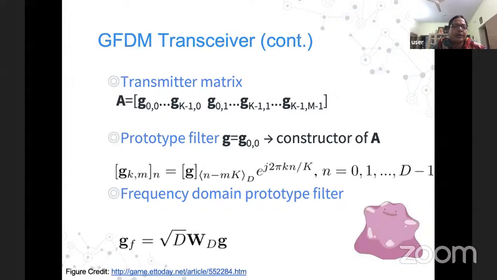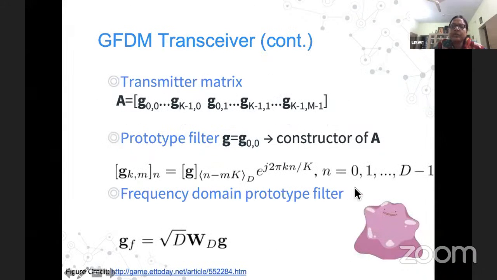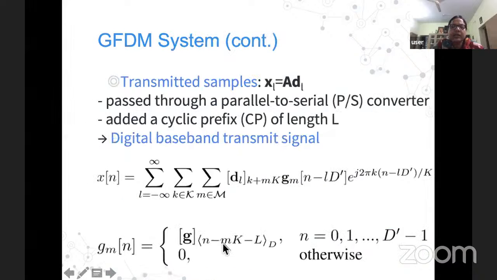So this modular operation, G of n minus mk, is a modulo operation, and your n is moving from 0 to D minus 1. So a frequency domain prototype filter is used. Then we arrange them in a matrix format, that is root D times W times W_D into G. This gives the transmitted signal. Maybe it's not clear in this mathematics, but I can explain it through other slides where you can easily understand through diagrams, because a lot of mathematics is involved in GFDM.